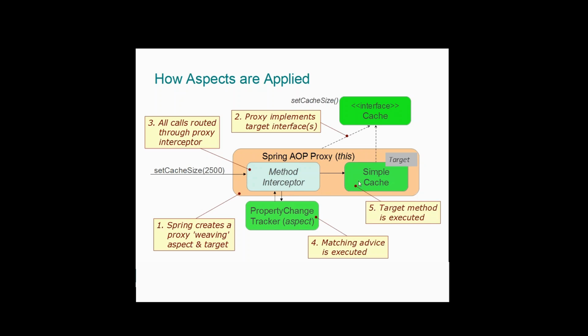Once it gets invoked, it comes back to the calling method. That's how it works behind the scenes. The Spring proxy object will have a reference to the simple cache, which is the target object, and also a reference to an aspect.